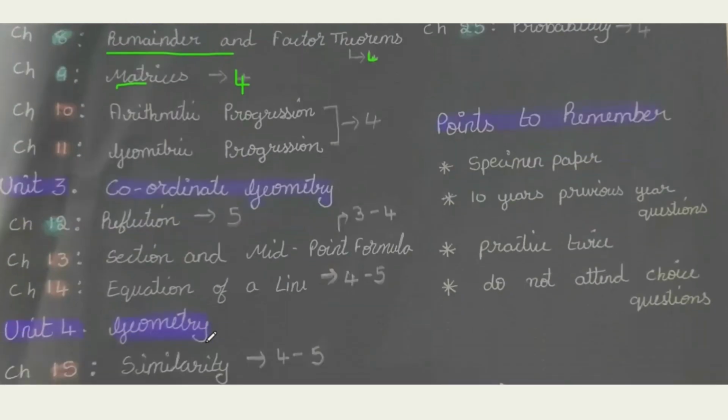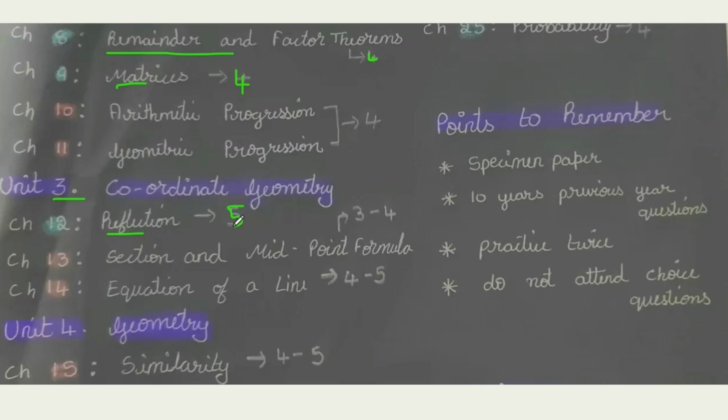And we go to unit 3. In unit 3 we have chapter 12 and the students' most favorite chapter, that is reflection. This chapter is the favorite question for the board, which in part B or in part A you will surely get, and it carries 5 marks.